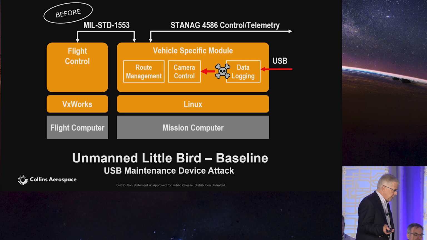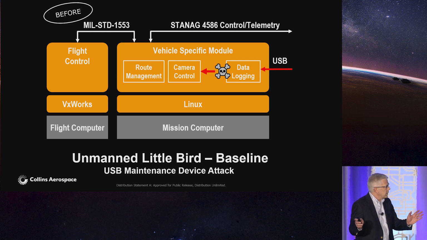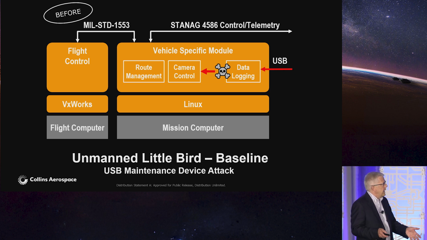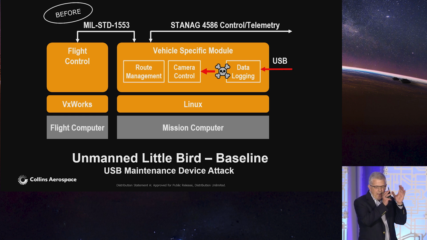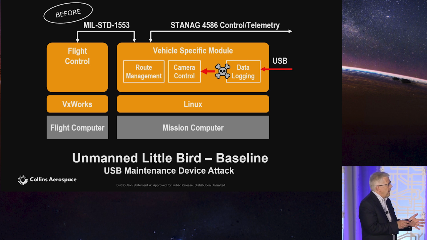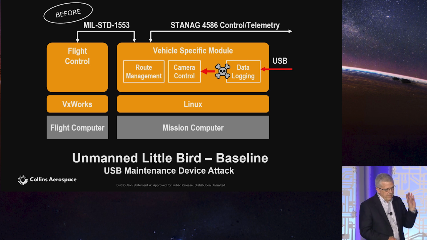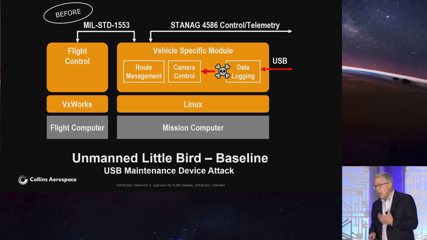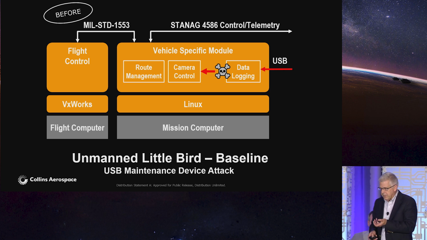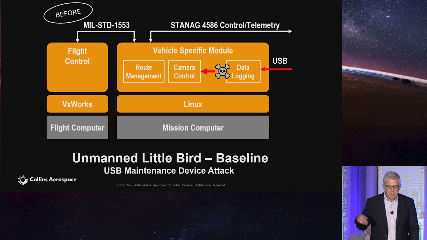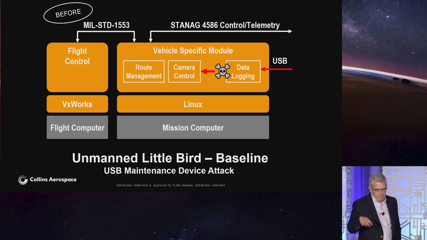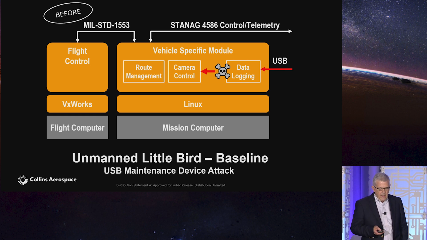So in the original version of the vehicle, everything on the mission computer is running on Linux, so there's no protection between this data logging process and the camera controller and this other process that's doing route management. And the attack that we did here, instead of a remote network-based attack, was a USB physical device that can plug into this system to do data logging and maintenance.